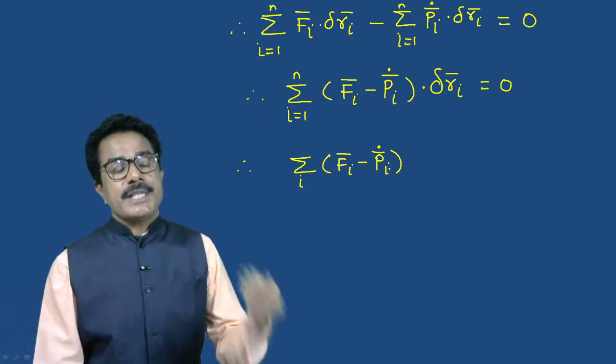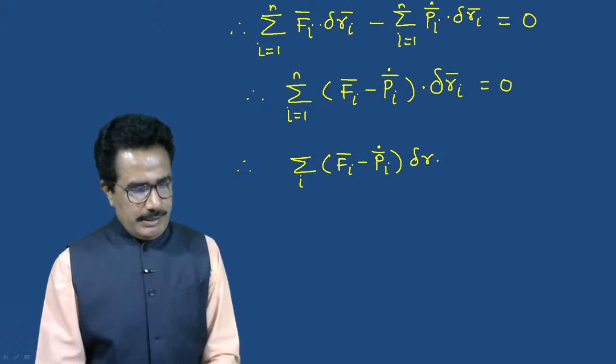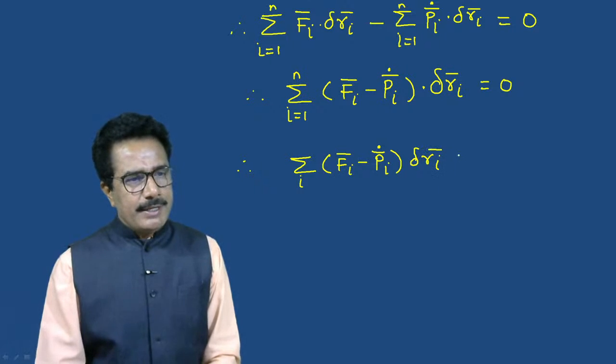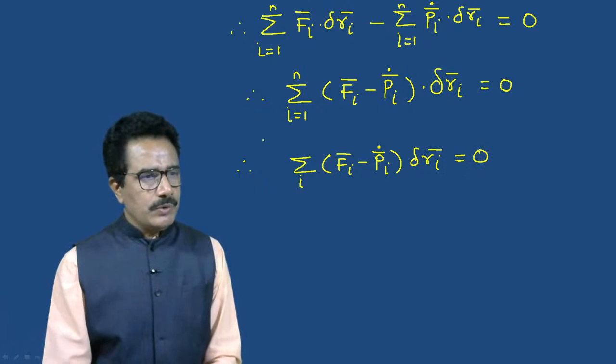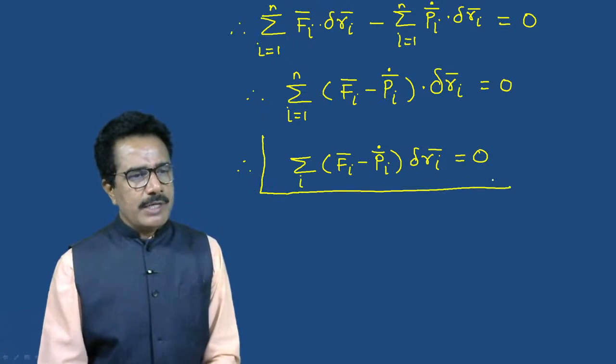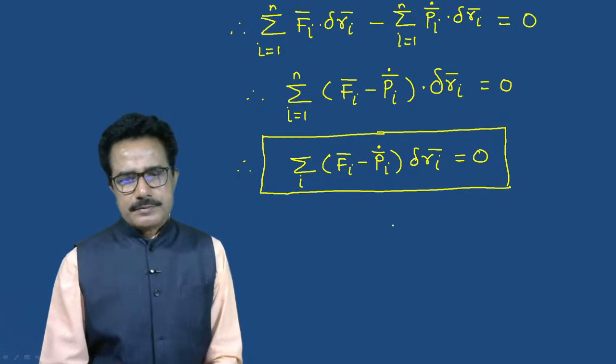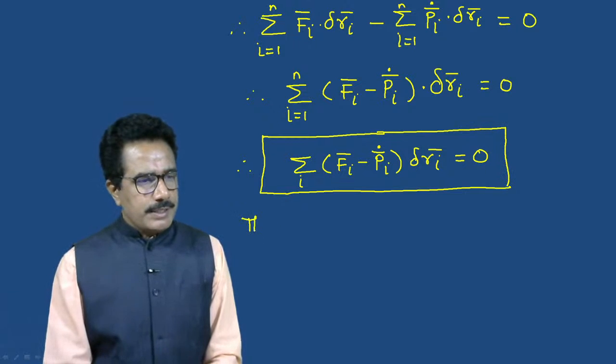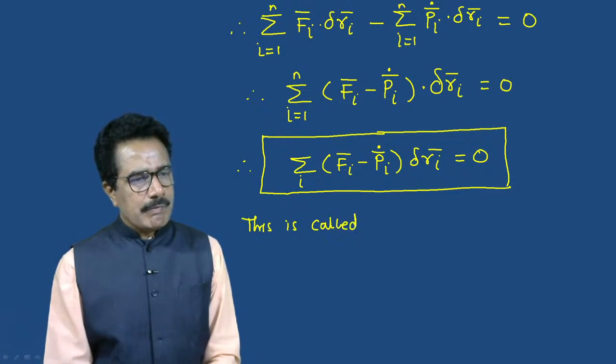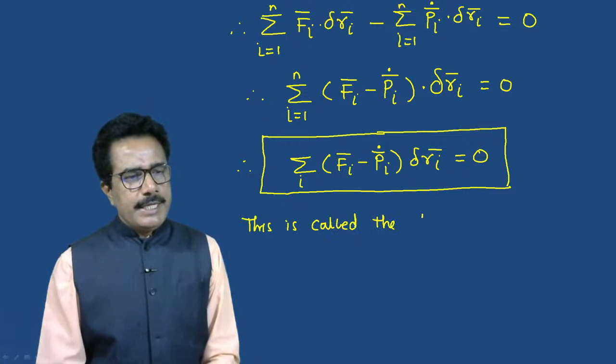So summation over i of Fi minus pi bar dot into delta Ri bar equals 0. This is called D'Alembert's principle.